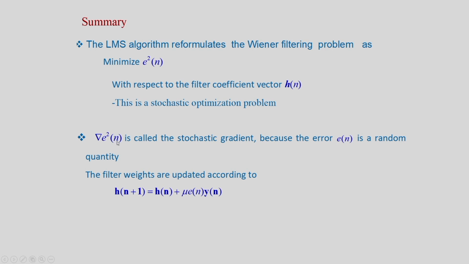The gradient of e square of n is called the stochastic gradient because the error e of n is a random quantity. The filter weights are updated according to the relation h of n plus 1 is equal to h of n plus mu times e of n into y of n, where y of n is the data vector and e of n is the filtering error.